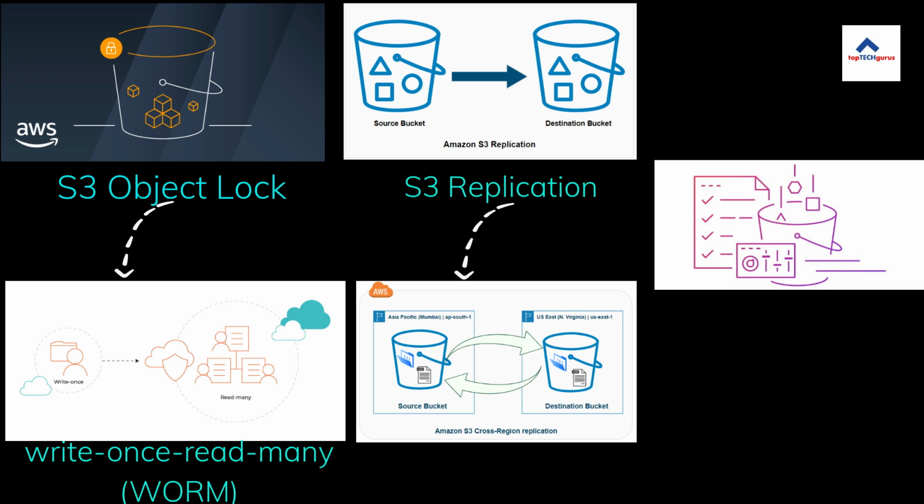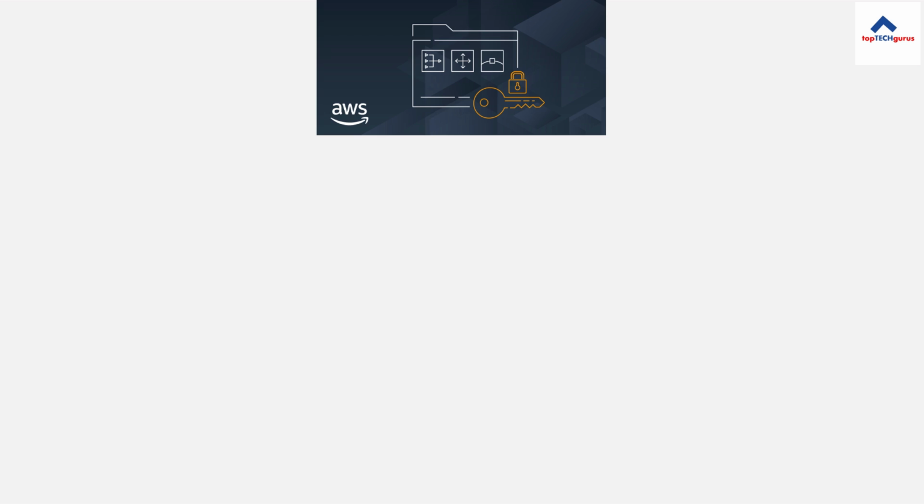S3 Batch Operations can be used to manage billions of objects with a single API request or a few clicks in the Amazon S3 console. You can use batch operations to perform operations such as copy, invoke AWS Lambda functions, and restore on millions or billions of objects.